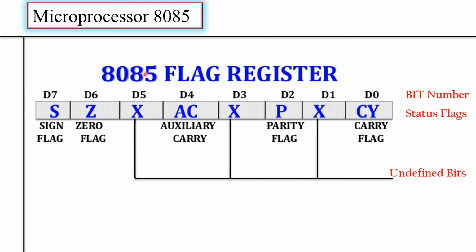So these are the 5 flags of 8085. The 3 bits D1, D3 and D5 are undefined bits. So 8085 has 5 flags: carry flag, parity flag, auxiliary carry flag, zero flag and sign flag.